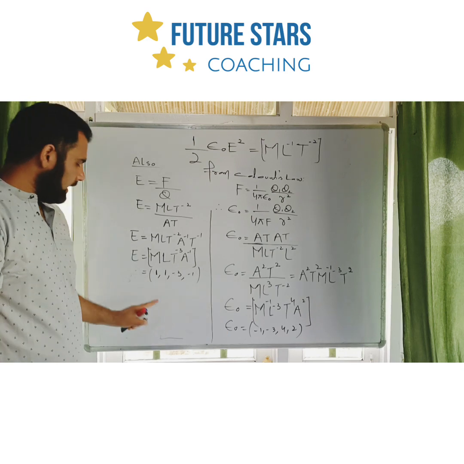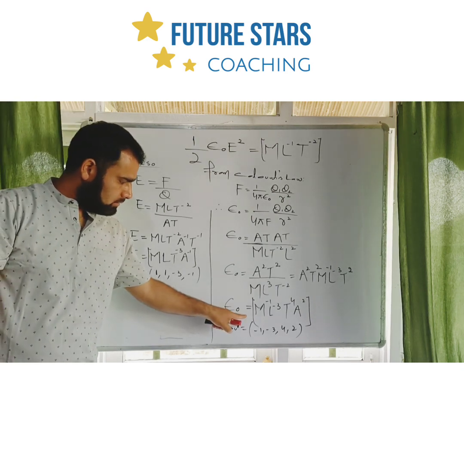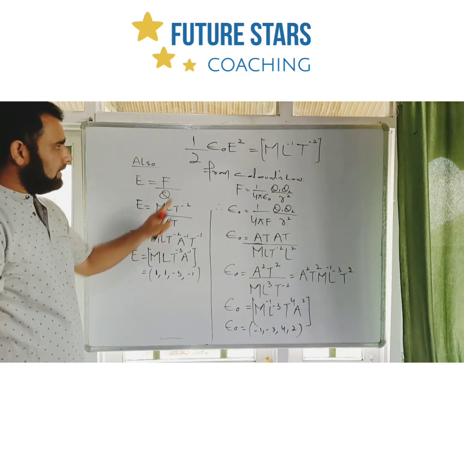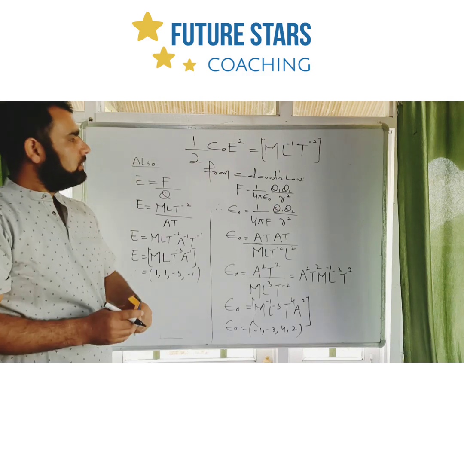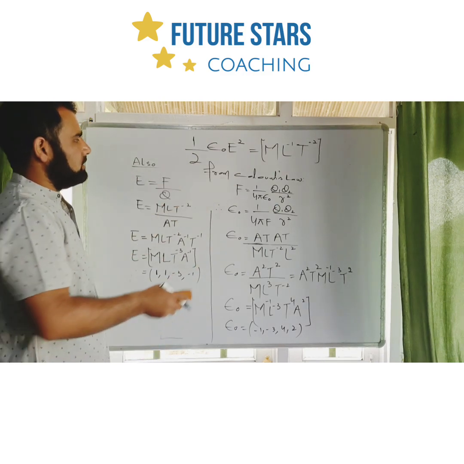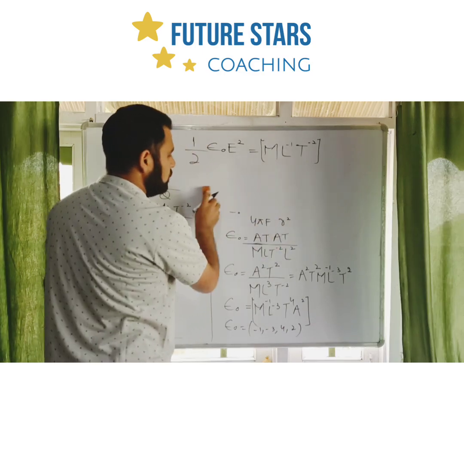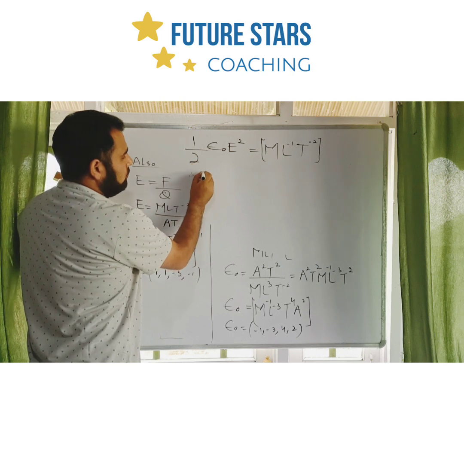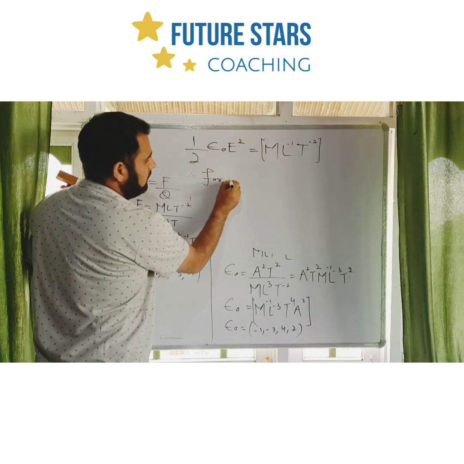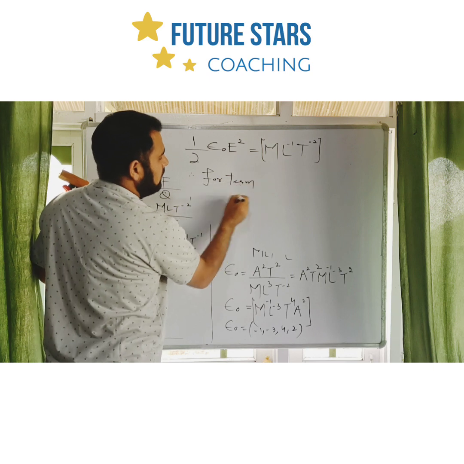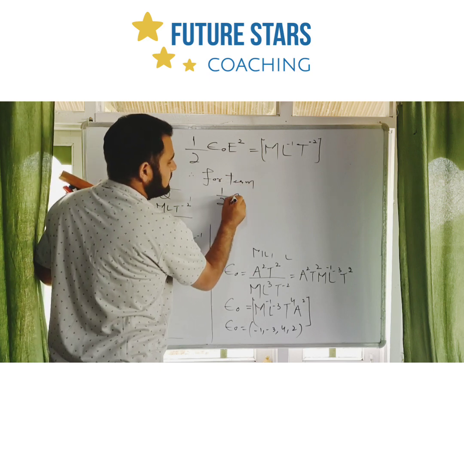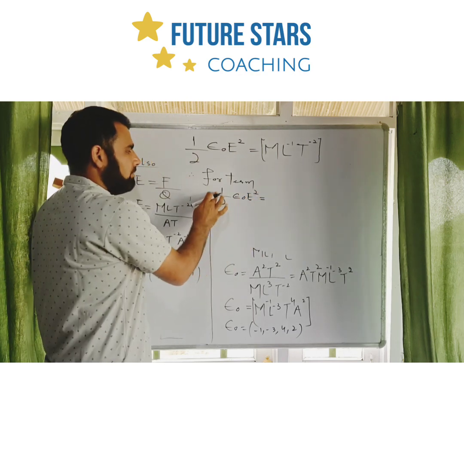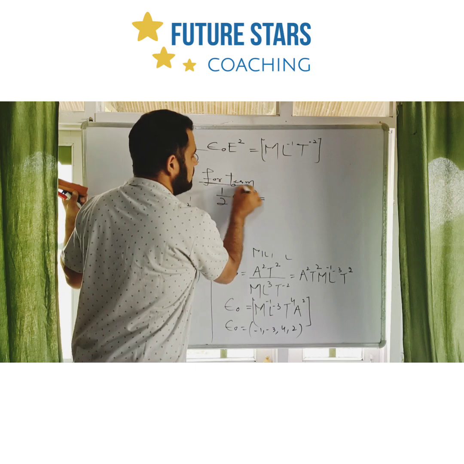Now using the dimensional formula of epsilon naught and the dimensional formula of electric field, we can confirm the dimensions of energy density again. So for the term 1 by 2 epsilon naught E square, 1 by 2 is dimensionless.